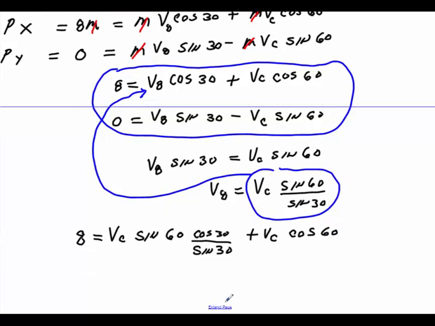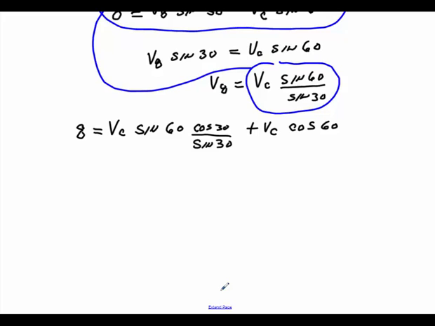Alright, so we'll run these numbers real quick. I'm going to take the sine of 60 times the cosine of 30, divided by the sine of 30.